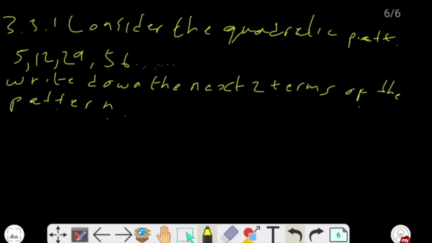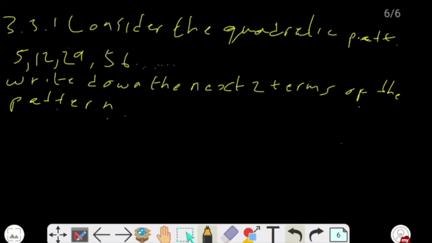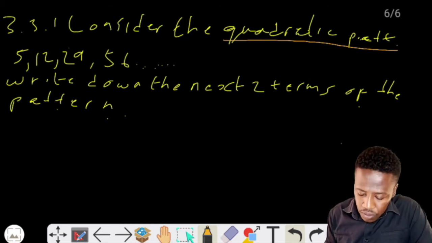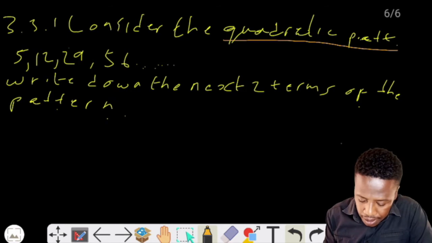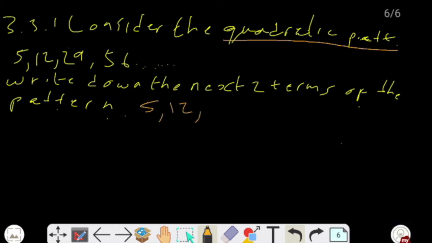Now the key to this question is, now you are dealing with a quadratic pattern, meaning you need to find what? Your second difference, right? Now let's deal with that first. It's 5, it's 12, it's 29, and then it's 56.